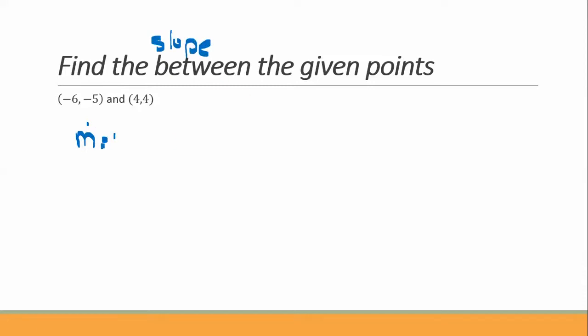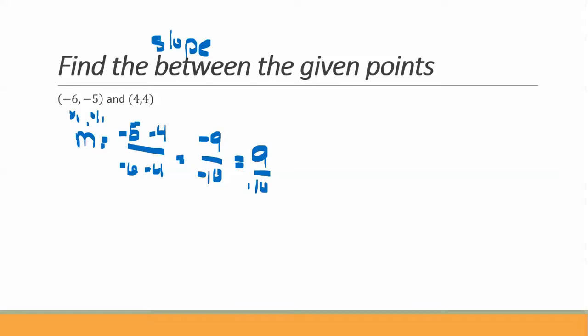So m equals y1 minus y2 over x1 minus x2. We'll use this one as x1, y1 the first time around. So negative 5 minus 4, that's our y2 point, over negative 6 minus 4. Negative 5 minus 4 is negative 9, over negative 6 minus negative 4 is negative 10. Negative 9 over negative 10 is positive 9/10. For the second time around, let's use this one as x1, y1.